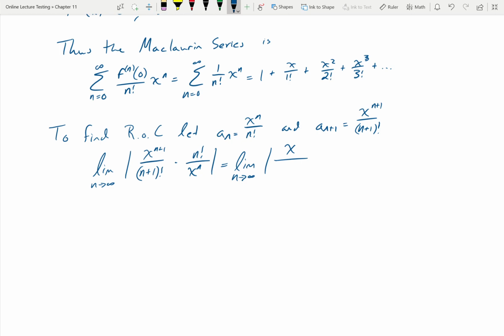Take, for example, if we had 5 factorial over 6 factorial. If you look at the terms, 6 factorial is 1 times 2 times 3 times 4 times 5 times 6. Well, 5 factorial times 6 is 6 factorial. So same thing here, n plus 1 factorial is n factorial times n plus 1, meaning that we're just left with n plus 1 in the denominator.